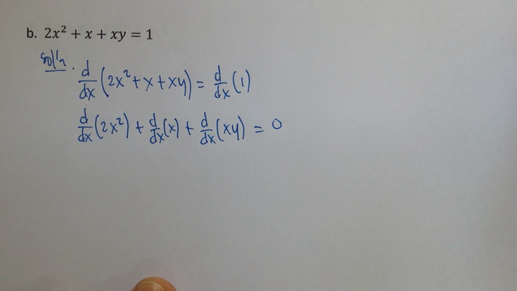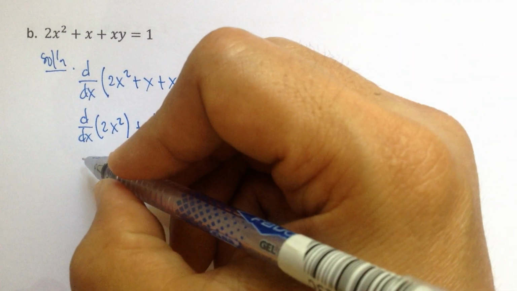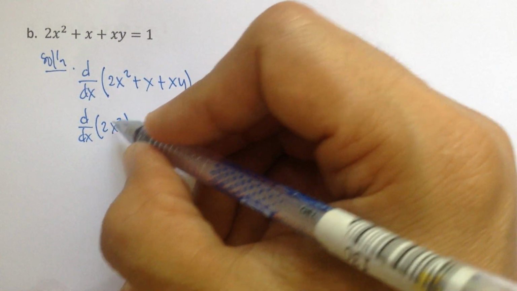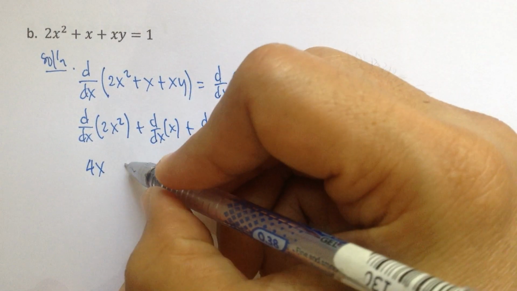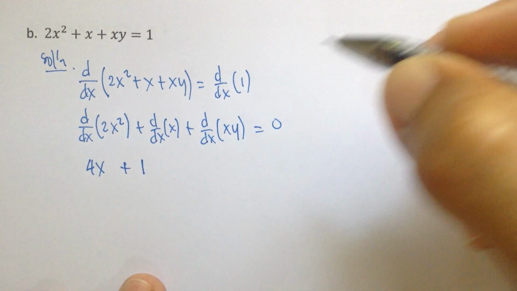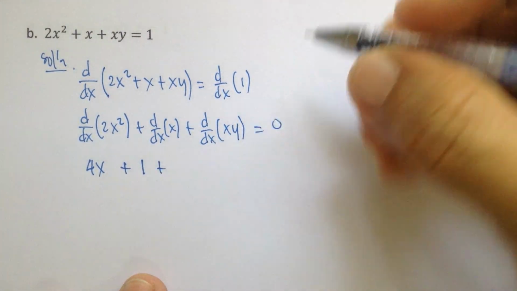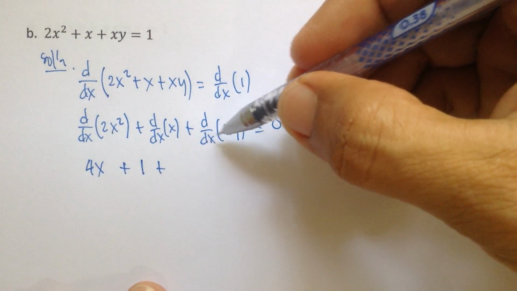Okay, and what is the derivative of this? Of course, this is 4x plus this one is 1 plus, now you have here the derivative with respect to x of xy.